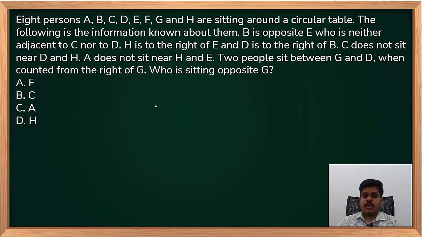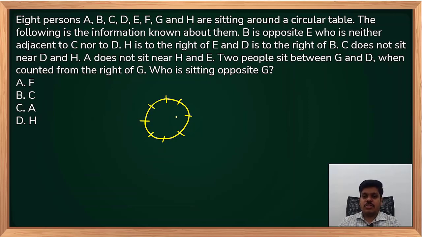So in a circular table, 8 persons are there, so we can draw a circle and 8 positions, 1, 2, 3, 4, 5, 6, 7, 8. As it is not mentioned which direction they are facing, towards the center or away from the center, we can take the default as towards the center.